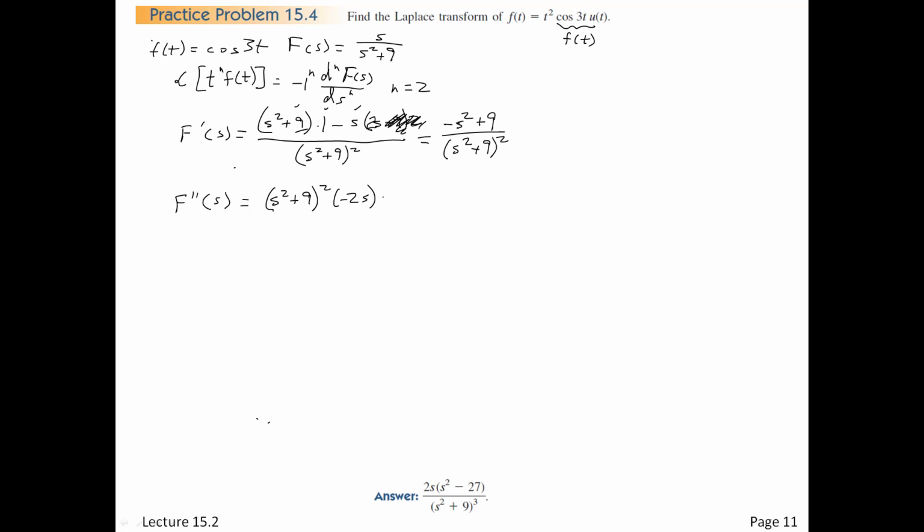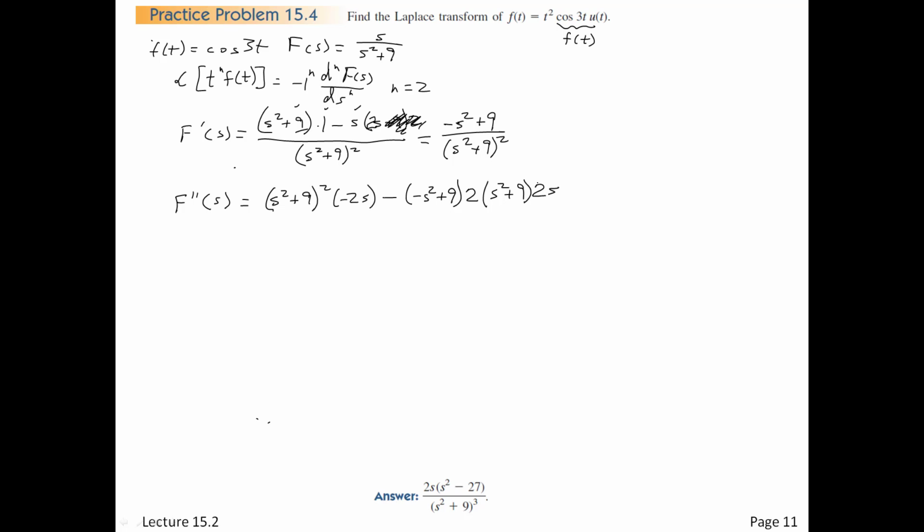Minus the top times the derivative of the bottom, which is 2 times s squared plus 9 times the derivative of what's inside, which is 2s.